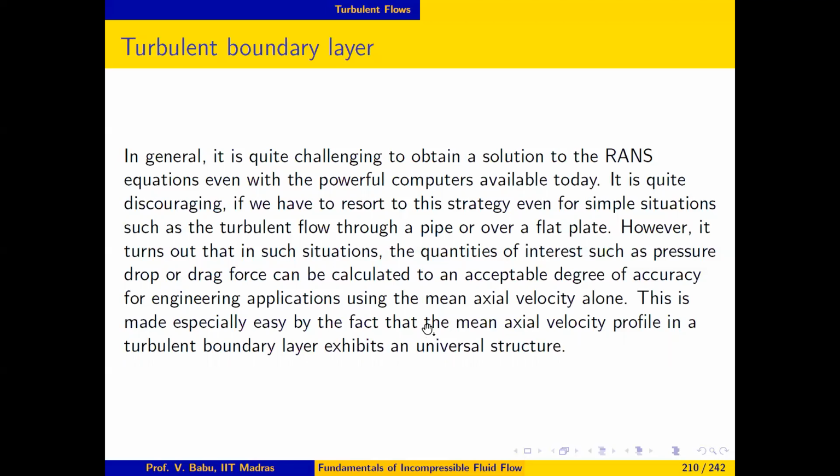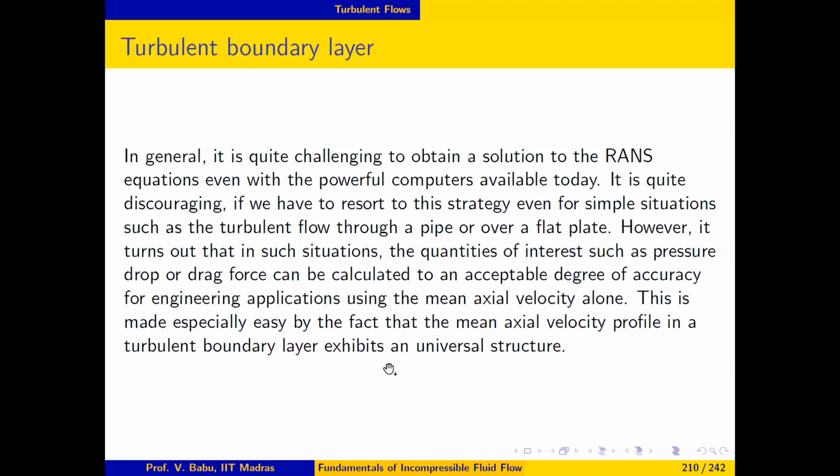of the mean axial velocity profile. So if we have boundary layer flow on a flat plate or turbulent pipe flow, the axial component, which would be the component along the axis or in the x direction as we did earlier, the mean axial velocity component in the boundary layer exhibits a universal structure that is independent of the Reynolds number. So whether the Reynolds number is 10,000, where the flow becomes turbulent, or whether it is 100,000 or 1 million or 10 million, the boundary layer for the mean turbulent axial velocity component remains the same.